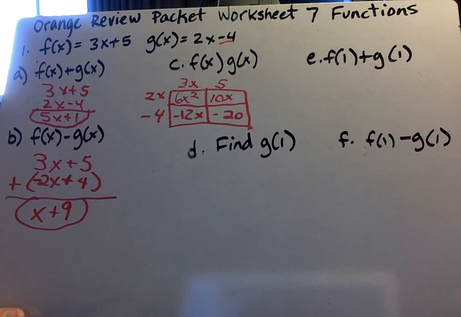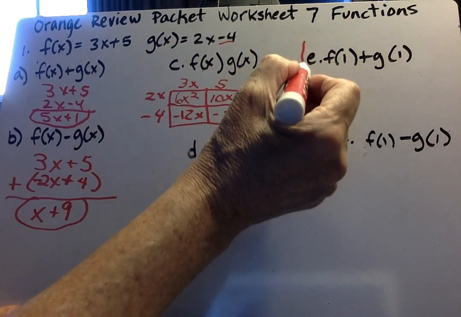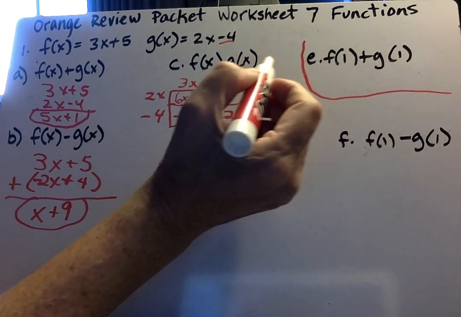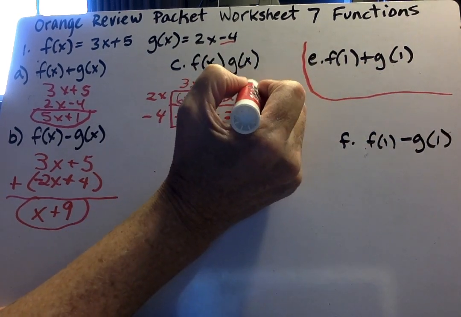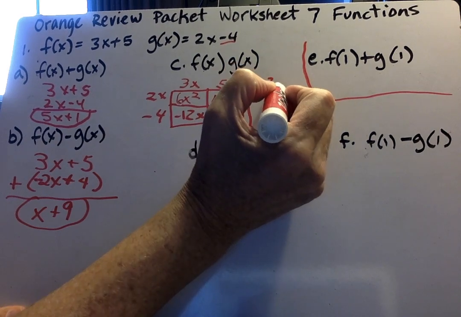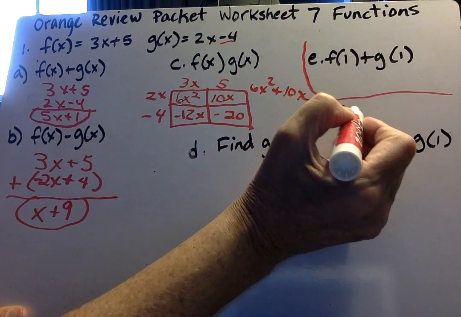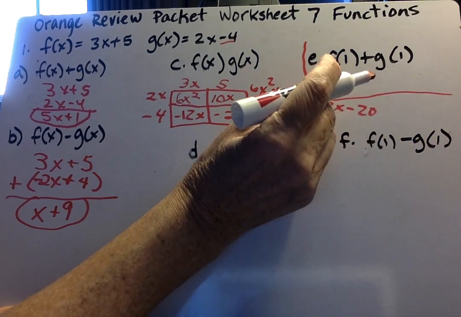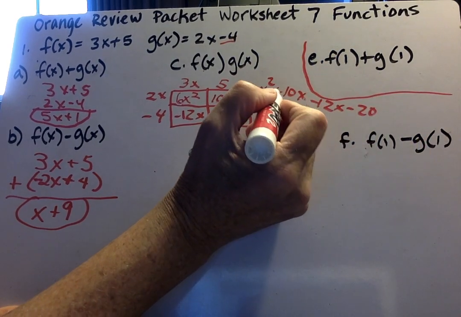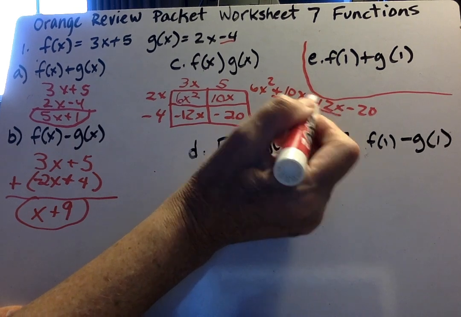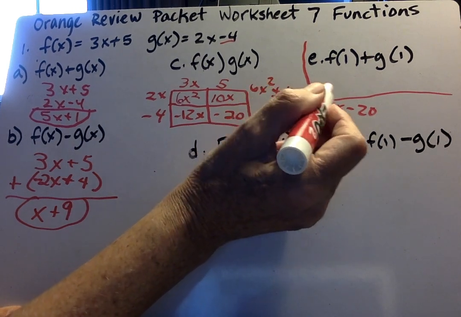Now we're going to write it all out, and I might have to do E a little bit shorter over there. We write it out, 6x squared plus 10x minus 12x minus 20. Then we combine the two middle terms because they are the same variable to the same power.